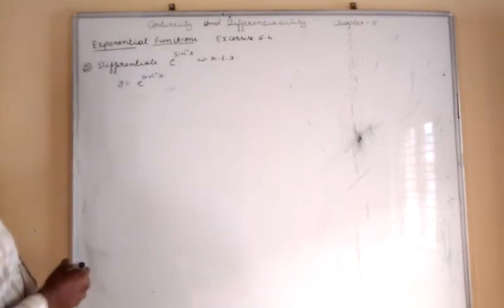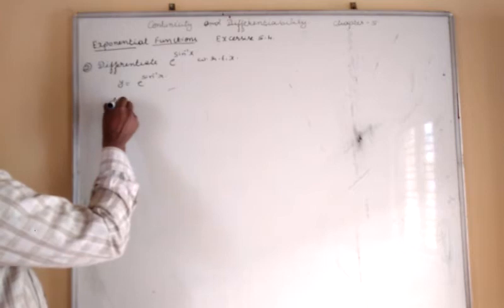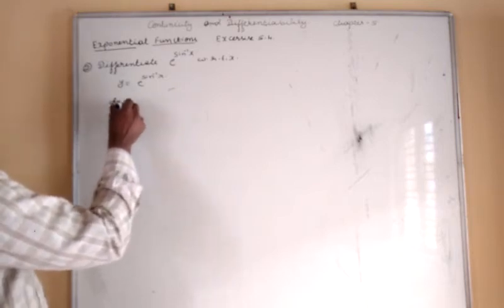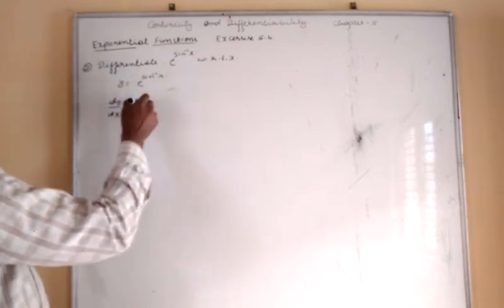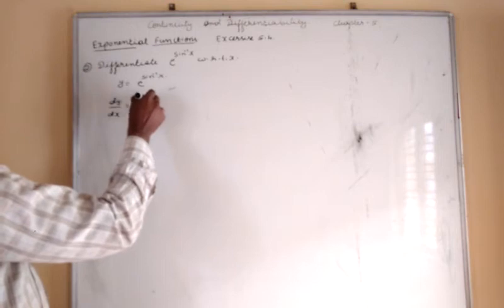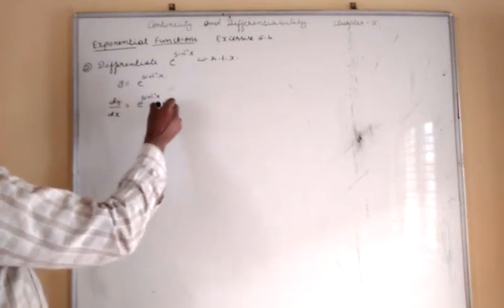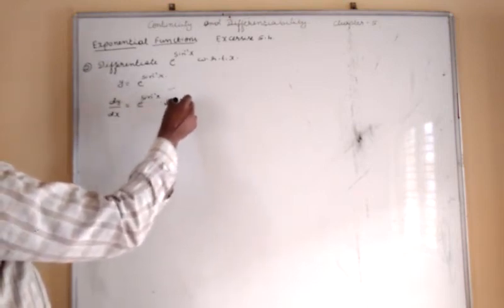So in the place of x here sin inverse x is there. So chain rule, differentiation of y with respect to x is equal to e to the power of x, in the place of x sin inverse x is there. Again differentiation of sin inverse x.